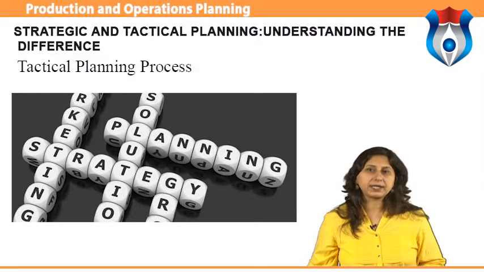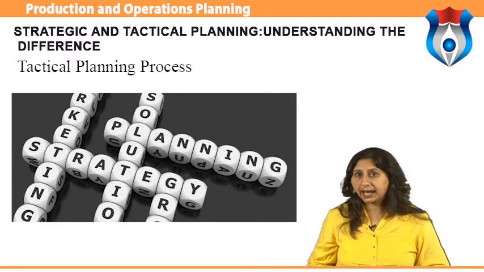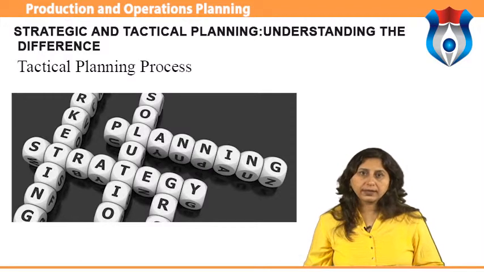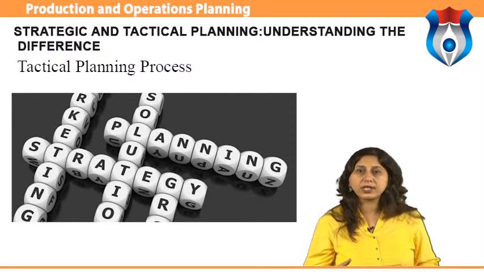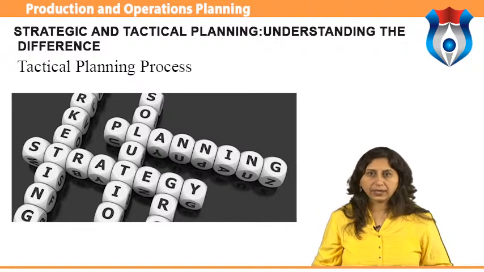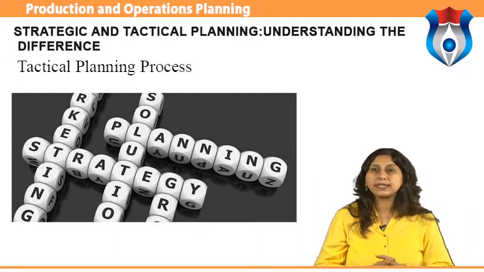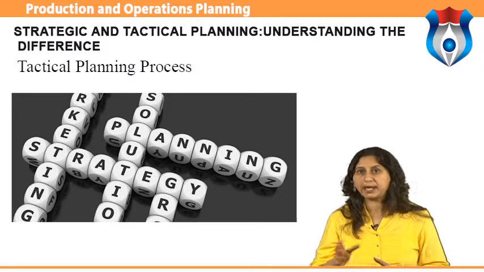Tactical planning process. In tactical planning, we need to understand and decipher the strategic goals, then identify the courses of action we will need to achieve those strategic objectives. Tactical planning is developed by those who deal with getting the work done day by day.